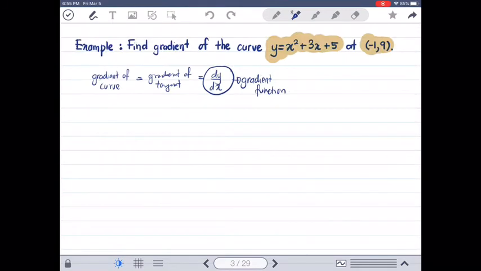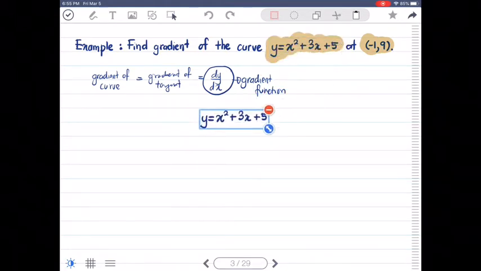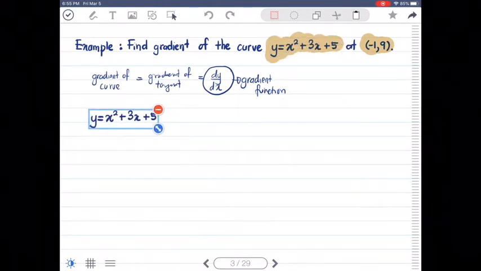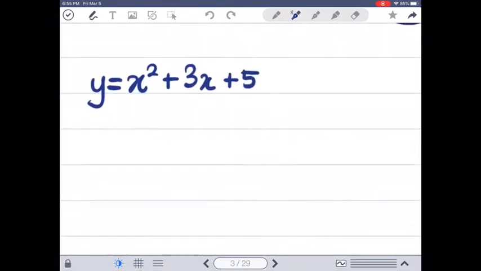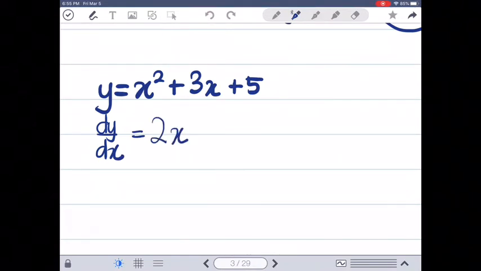So in this case, we have this function, y equals x squared plus 3x plus 5. Therefore, dy over dx, which is the gradient function, is just 2x plus 3.